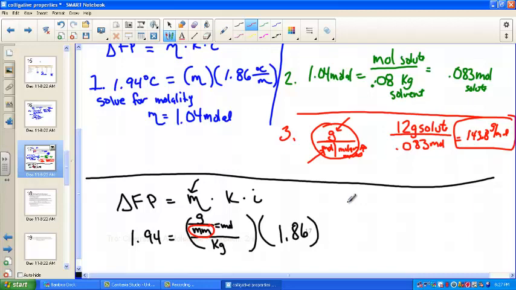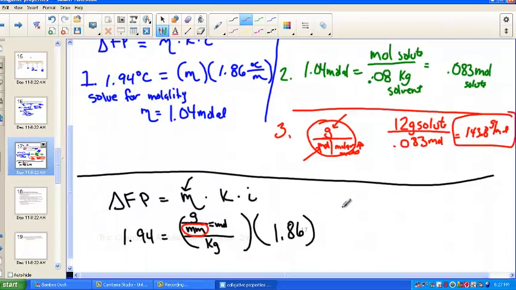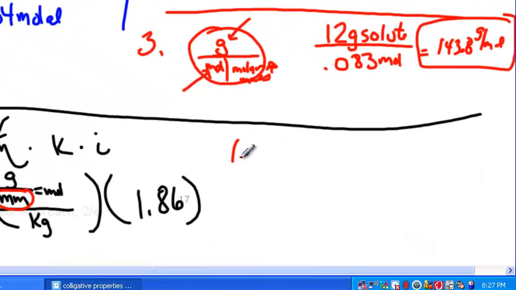So if you're like me and just want one series of number crunching instead of 3 separate steps, and it's just a preference, I look at this and say 1.94, the change in the freezing point, is equal to 12 grams of solute over X, my target variable, the molar mass, per kilogram of water.